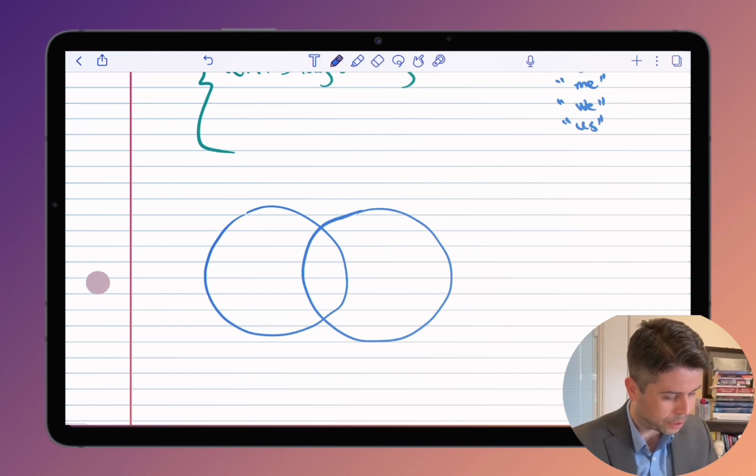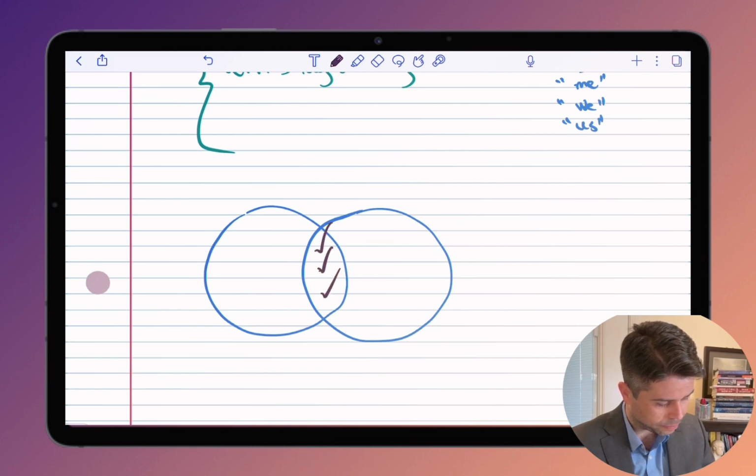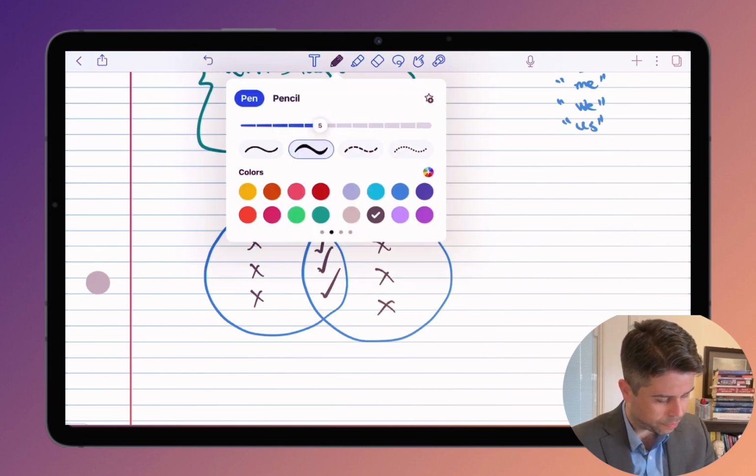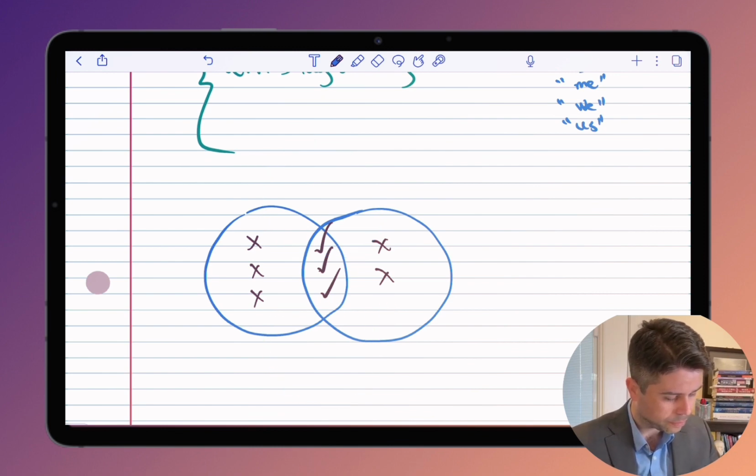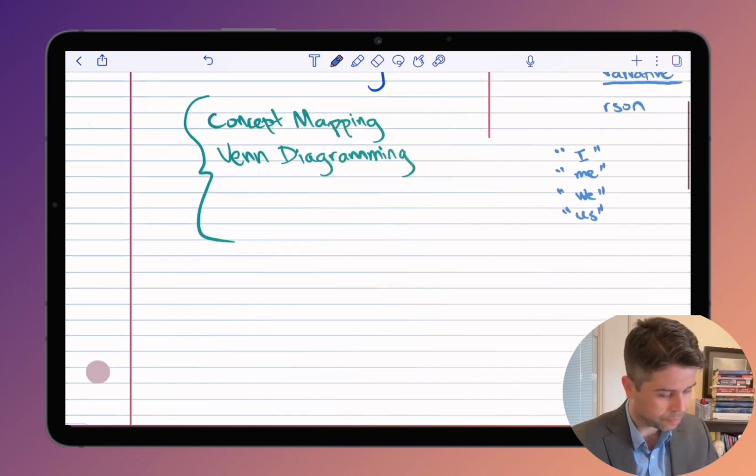You draw overlapping circles like so. You look at what the two ideas have in common in the overlapping areas, and you look at what's different about the two ideas. In fact, you may, with Venn diagramming, even compare three or more ideas. That's another technique you might use to brainstorm.